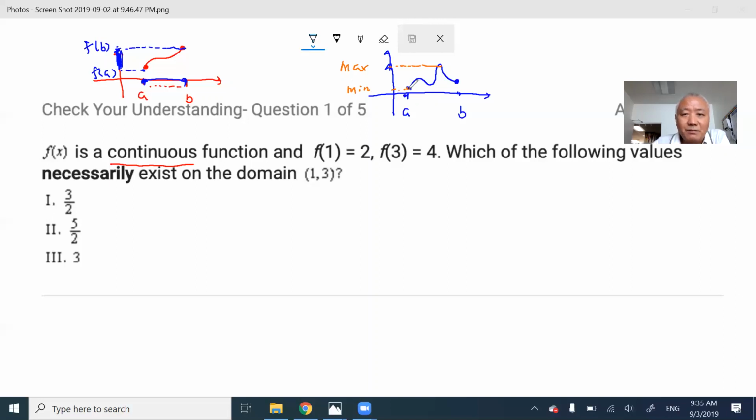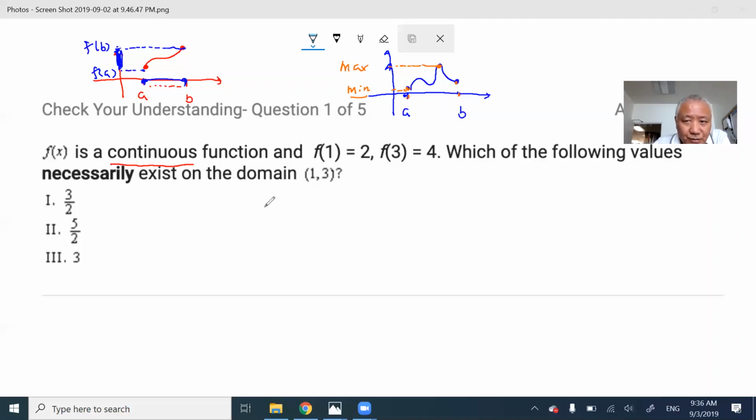Of course, the max and min may not necessarily be on the boundaries. Maybe, maybe not, depends on the graph. But anyway, as long as you have an interval A to B where the function is continuous, it must have a maximum and must have a minimum, okay? That's the extreme value theorem.